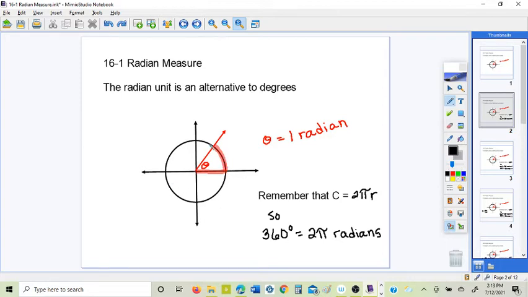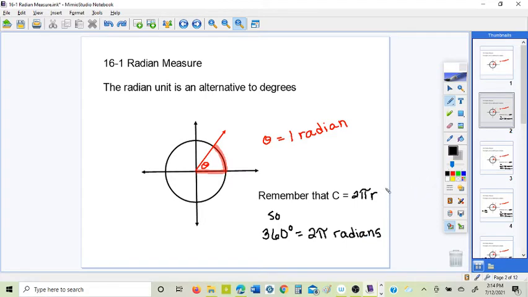Interestingly enough, 1 pi will get you halfway. Since 2 pi r gets you all the way around, 1 pi gets you halfway around, and we will talk about that a little bit more later. So 360 degrees all the way around equals 2 pi radians.